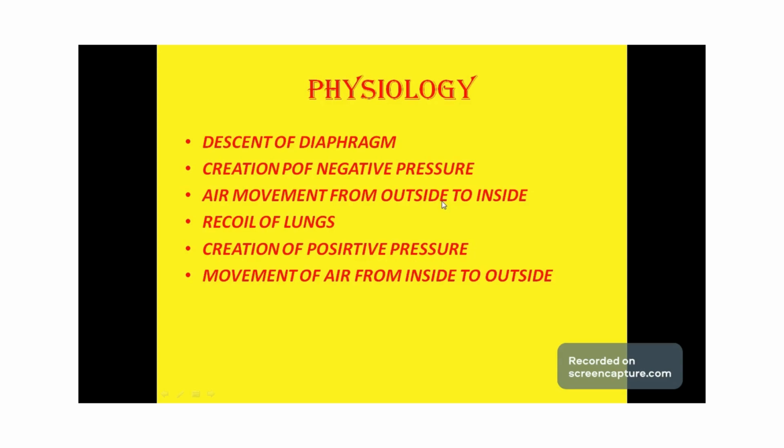In the lungs the air will pass, starting from the trachea, then through the bronchi and into the secondary bronchioles, and then going into the alveolar ducts and till the alveoli. At the alveoli there will be the exchange of air, the exchange of gases.